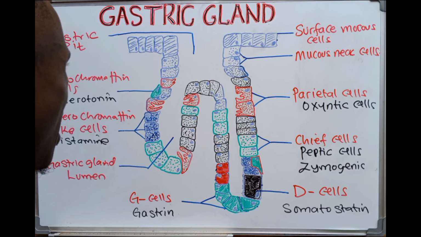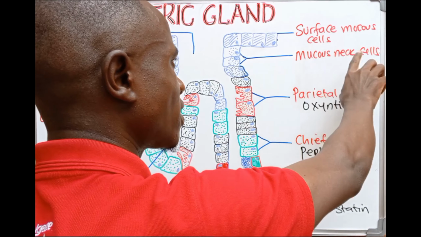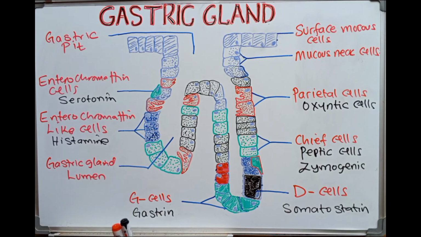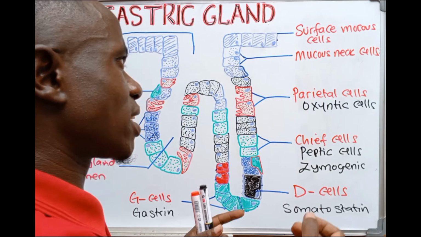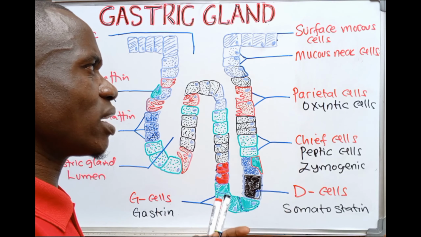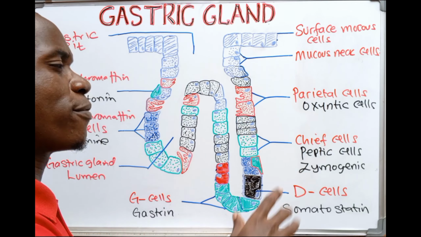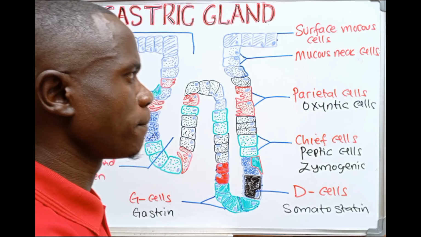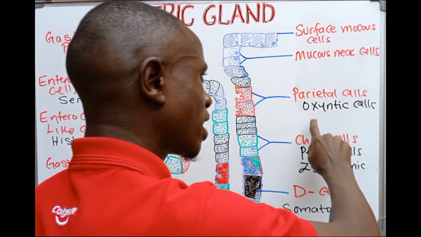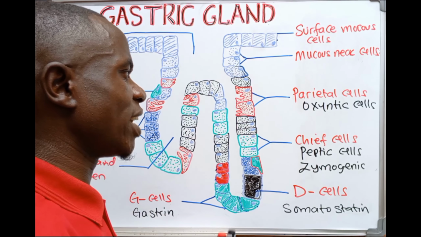Okay, so now a very simple quick recap. We have the mucus cells and the mucous neck cells that together produce mucus, containing a protein called mucin, and also bicarbonate, that together form the thick mucus barrier that protects the epithelium from being corroded by the hydrochloric acid. We have the parietal cells, which can also be called oxyntic cells, that produce hydrochloric acid and also the intrinsic factor.